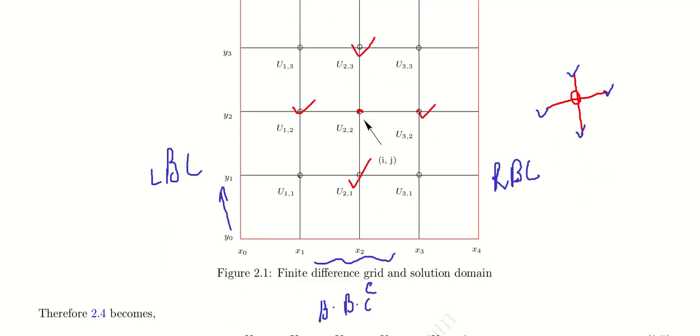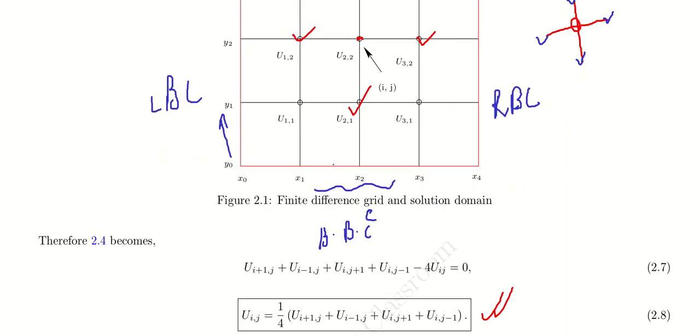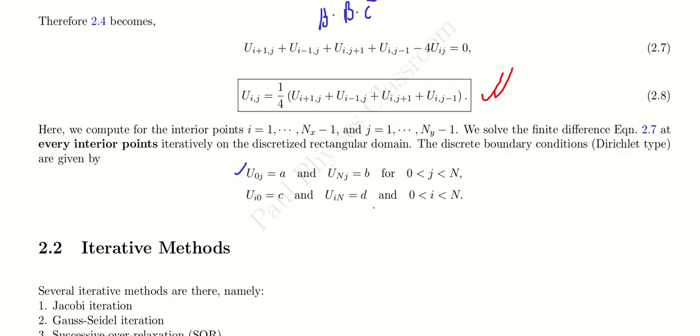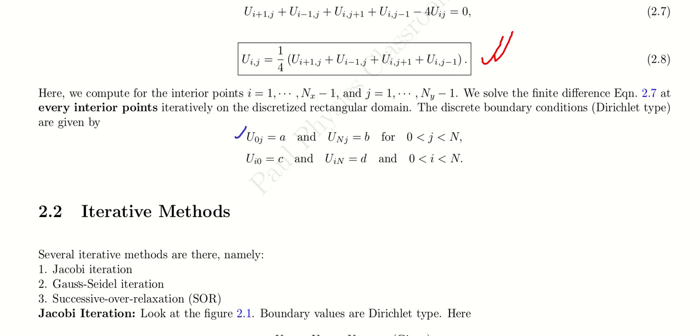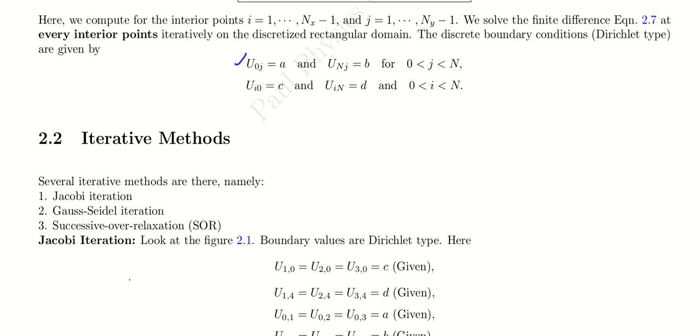From there we have to compute all the interior points, u11, u12, u33, all the u's. There are several methods for solving this. Iterative methods are there. One very simple method is Jacobi iteration. Another is Gauss-Seidel iteration, and another is the successive over or under relaxation technique. First, in this episode, we will just concentrate on the Jacobi iteration.